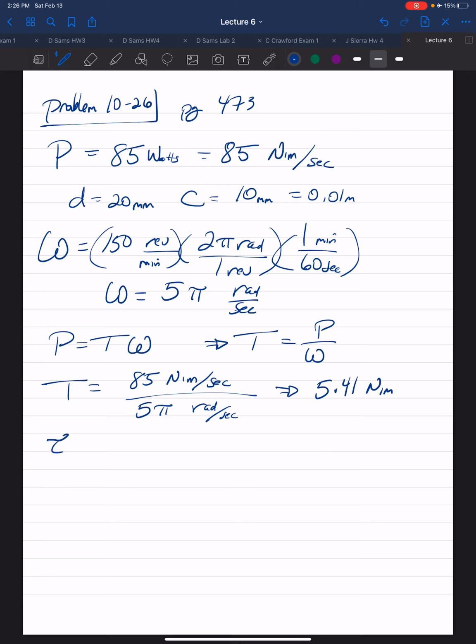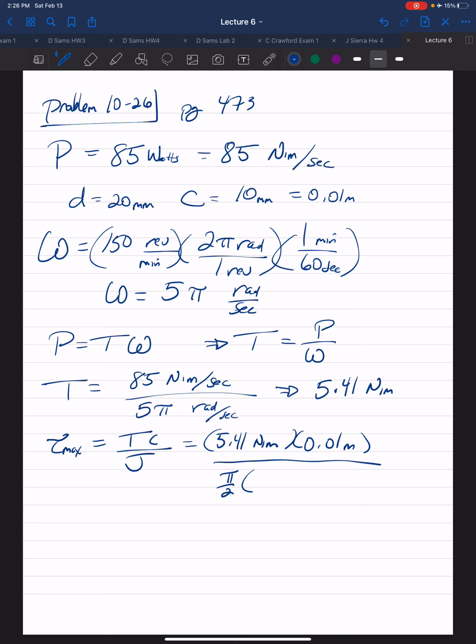So now to find our maximum shear stress, torque times the outer radius over J. 5.41 Newton meters times our C, which we said was 0.01 meters, over our J, which is pi over 2 times our C to the 4, C being 0.01 meters.